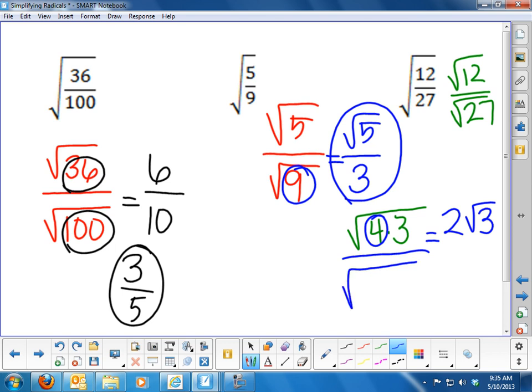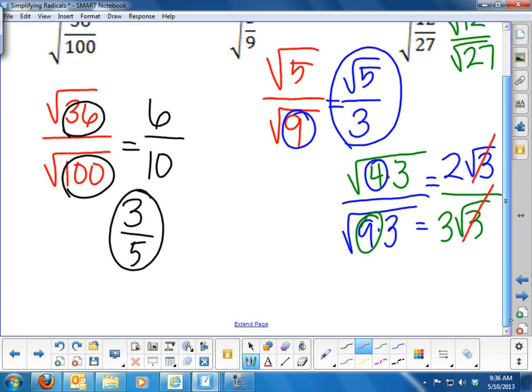What's the perfect square that multiplies to give us 27? That's 9 times 3. Well, 9's my perfect square, so I circle that, and I get 3 square roots of 3. Okay, now, I need to keep simplifying this until I can't simplify it anymore. The square root of 3 and the square root of 3 cancel with each other. Square root of 3 divided by square root of 3 is 1. So my answer to this problem is 2/3.